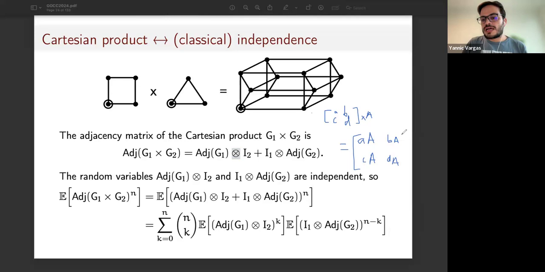So this new matrix will have double the size of the matrix A in this case. Okay, so this is the Kronecker product.